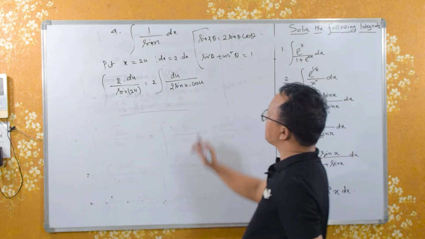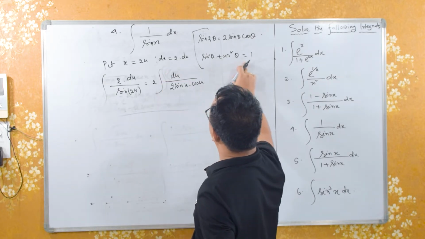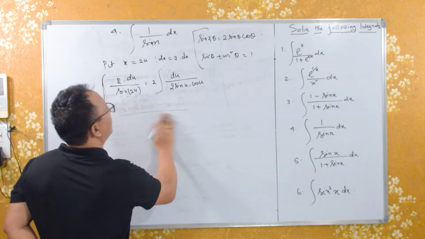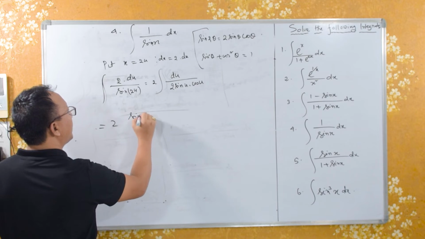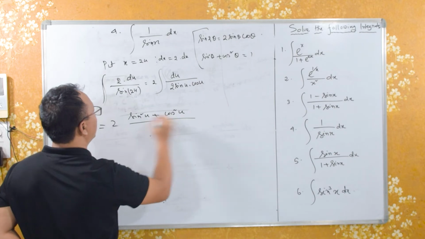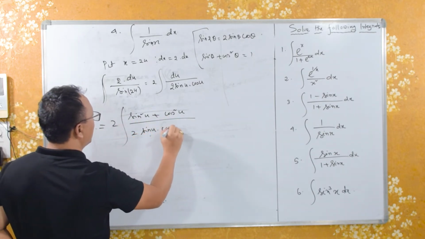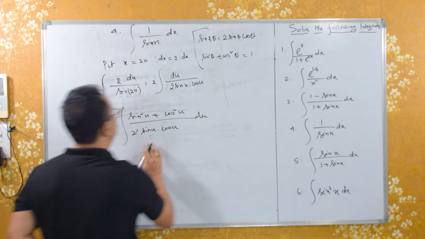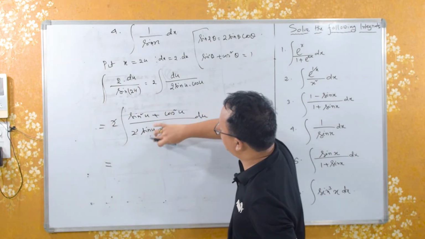Now we can consider 1 is over here. Instead of 1, if I write sine square u plus cos square u upon integral 2 sine of u into cos of u du. The 2 gets cancelled. Now I can distribute this upon this plus this upon this.